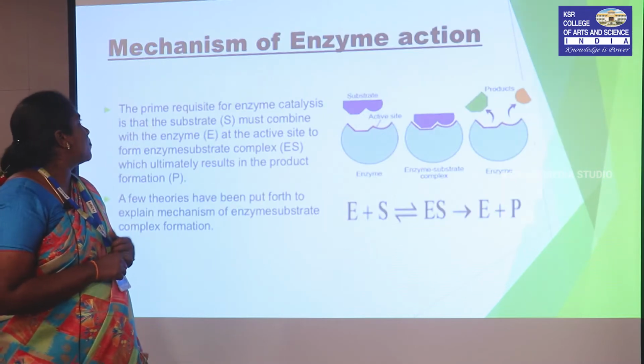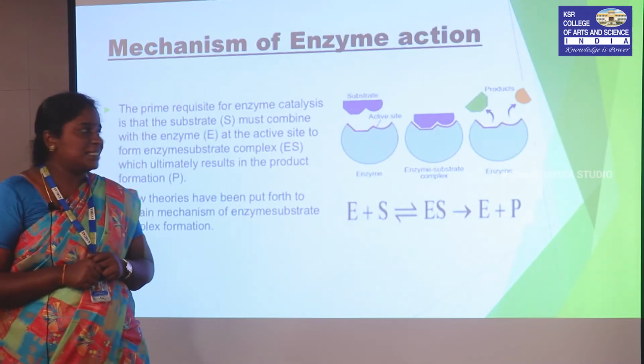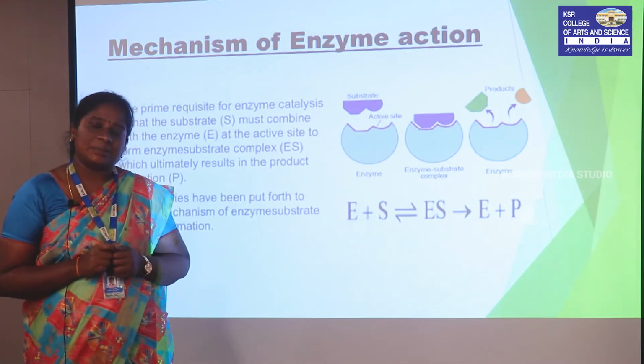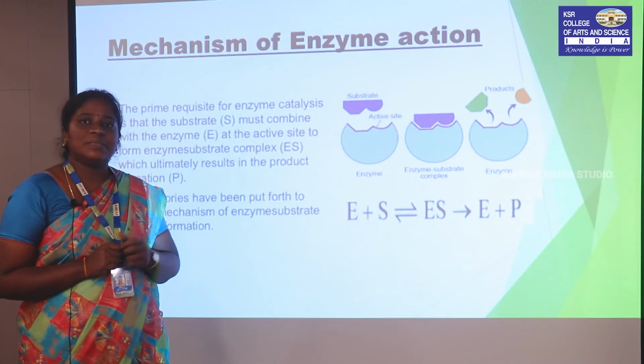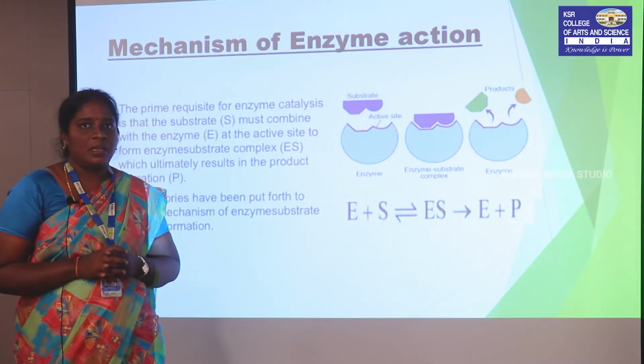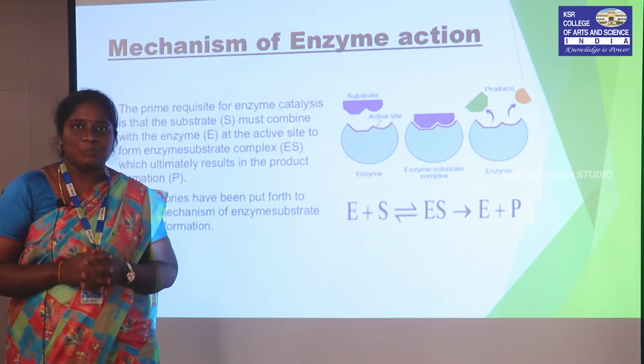Next, mechanism of enzyme action. The enzyme combines with the substrate to give the enzyme-substrate complex. Again, it gives enzyme plus product. We get the final product, enzyme plus product.